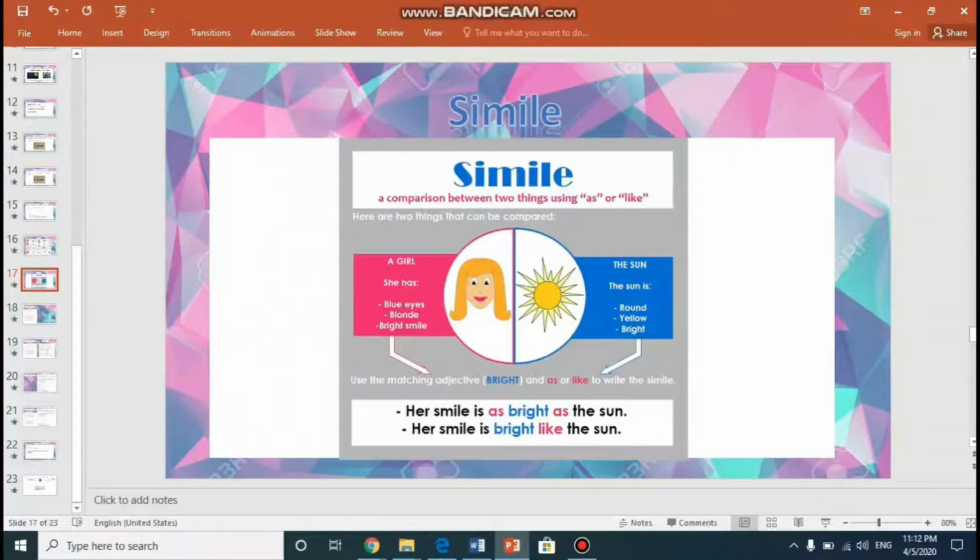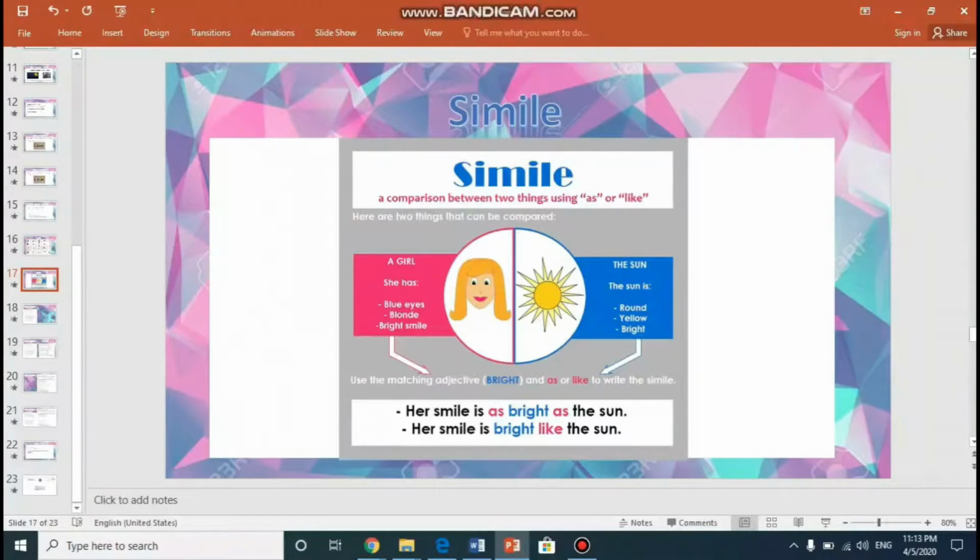And you can see here that they made sure to use both as and like in different sentences. Let me read the first one for you. Her smile is as bright as the sun. So her smile is as bright as the sun.